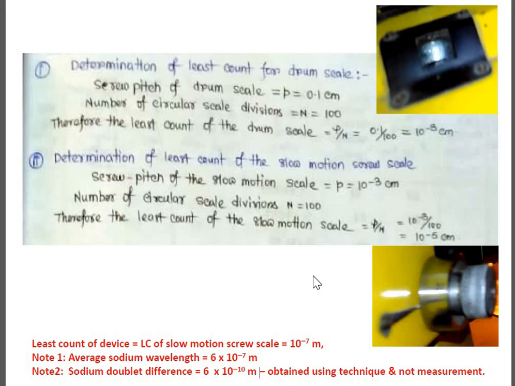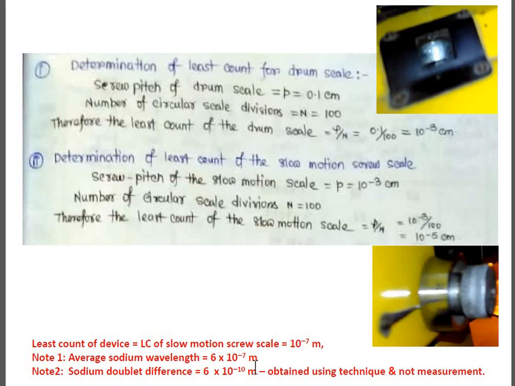Now I am going to show you that we are going to estimate this using a technique and not measurement. The measurement will be done on the values of the order of this 10 to the power minus 7 meter, and the technique will enable us to measure this much smaller length.